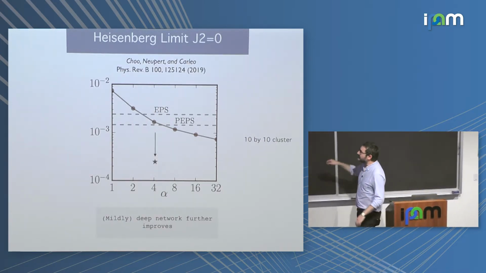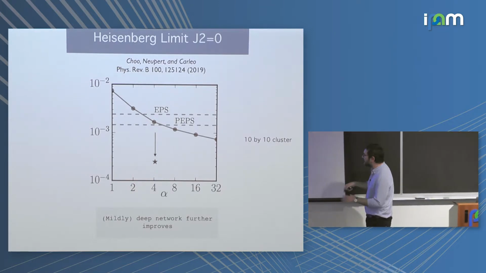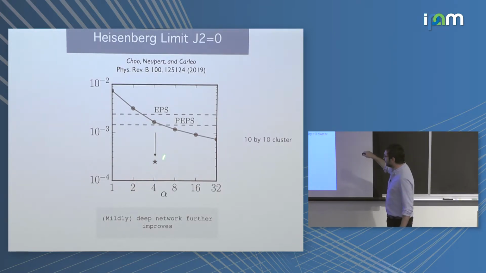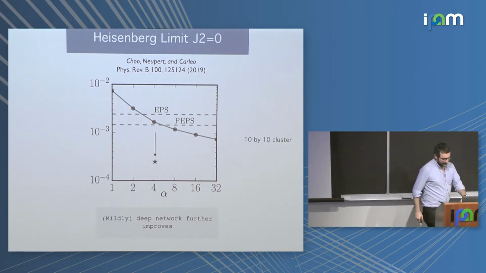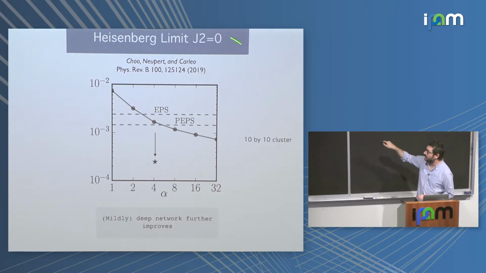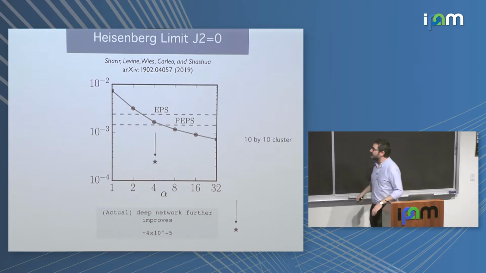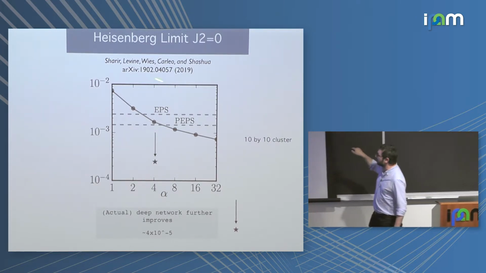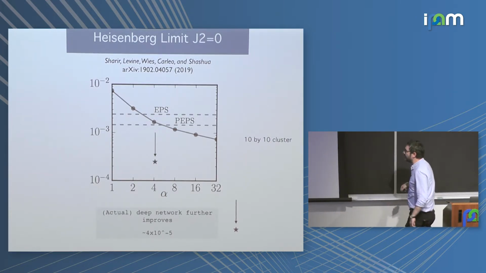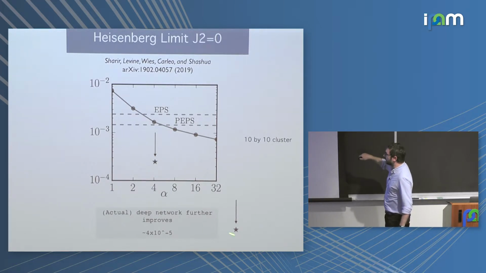But then again, using this convnet, a little deeper this year, we've been able to further improve upon this result. And this is the limit when J2 is equal to 0, where we have some benchmarks to benchmark against. And then, using an actual deep network that I'm going to describe a little more in the following, we are able to basically solve this problem to an accuracy of 10 to the minus 5.